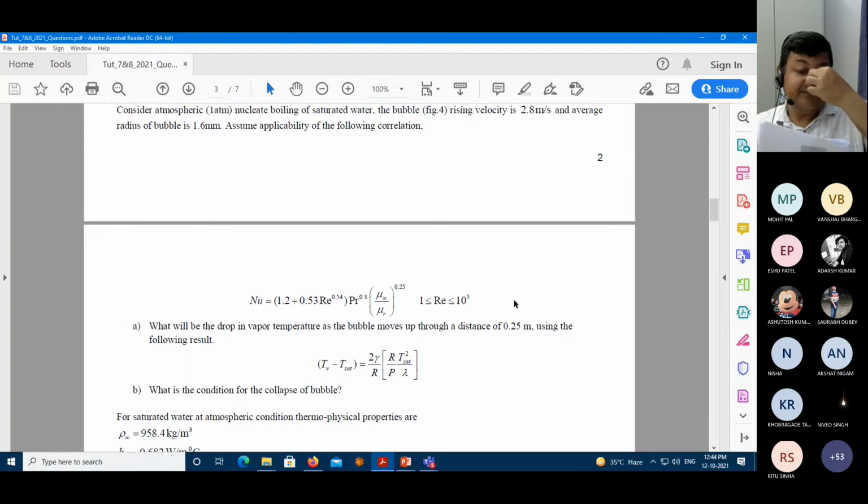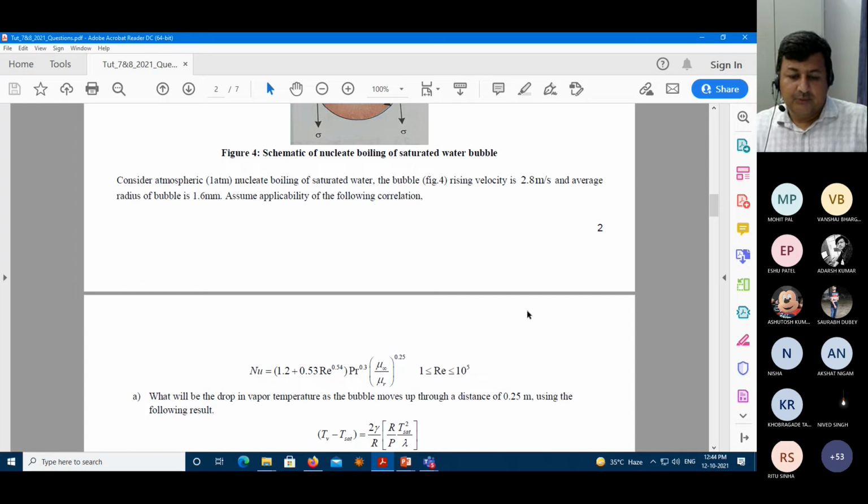The velocity is given, right? You have the velocity of bubble rise. Yes, sir. So what is the Reynolds number? Can you calculate?